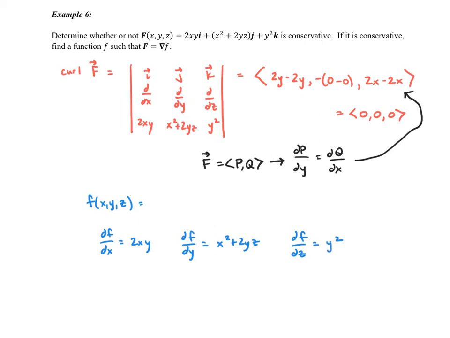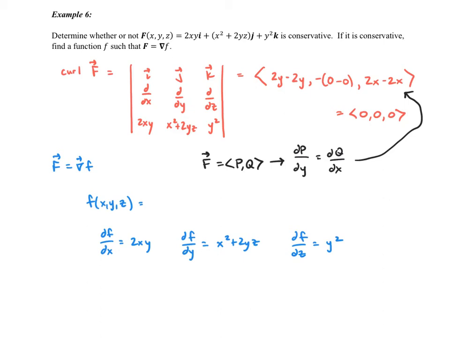Again, we're just looking at the elements of our vector. If it's conservative, then the statement that this vector f is equal to the gradient of f is true, and so it follows that each of these components are partial derivatives of some function that we're going to be able to find.